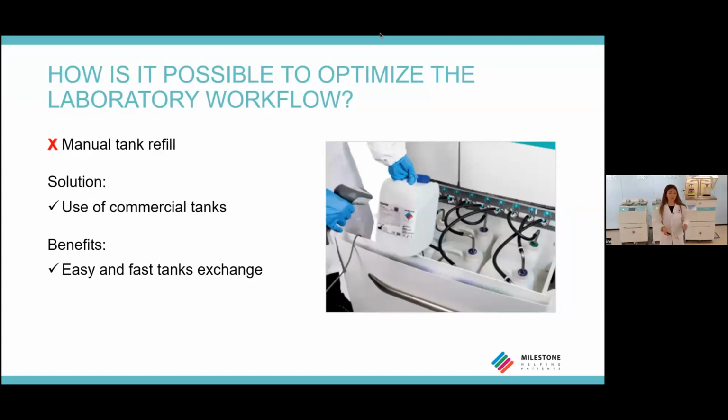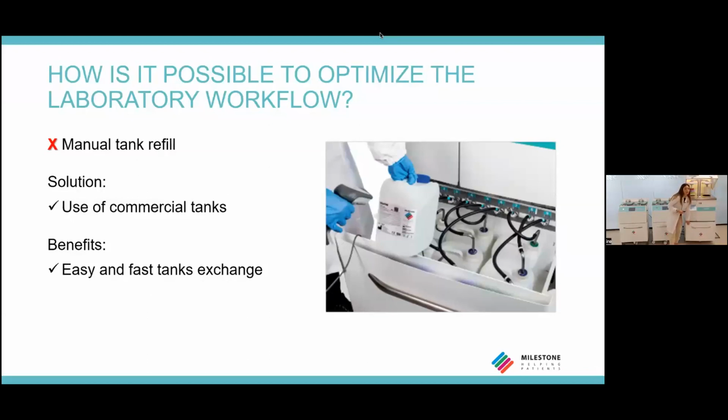So the possibility to use commercial tanks instead, like in our tissue processor, drastically reduces the time needed for this operation, and in a few minutes the tank is replaced. It's enough to remove it and insert the new tank. So very fast and easy.